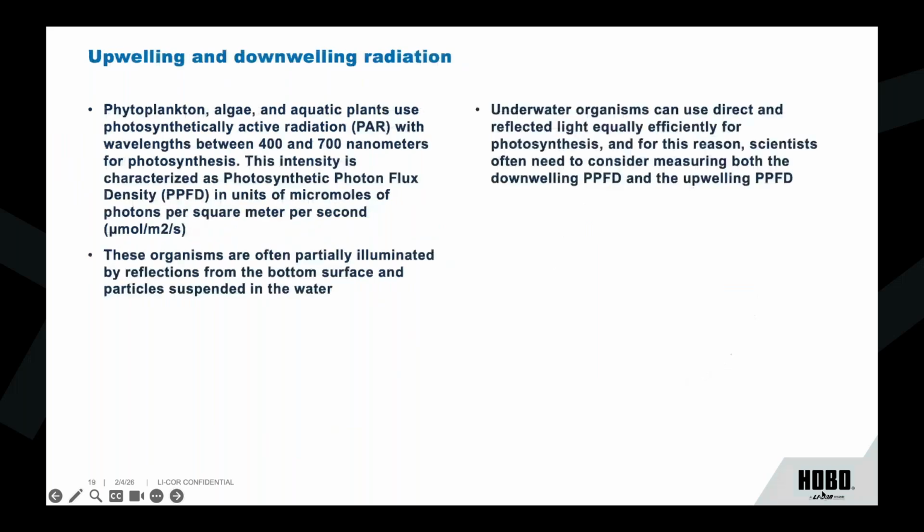As I mentioned, phytoplankton, algae, aquatic plants, they all use photosynthetically active radiation, and these organisms are often partially illuminated by reflections from particles suspended in the water below them, or if the water column is shallow enough, they could have reflections from the bottom surface: sand, rocks, unfortunately trash, things like that.